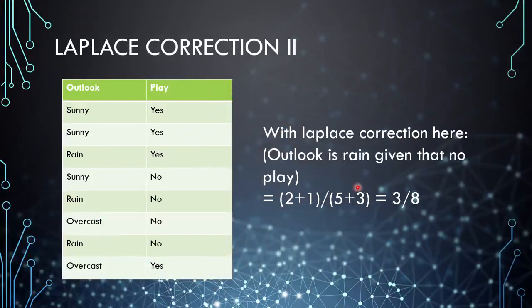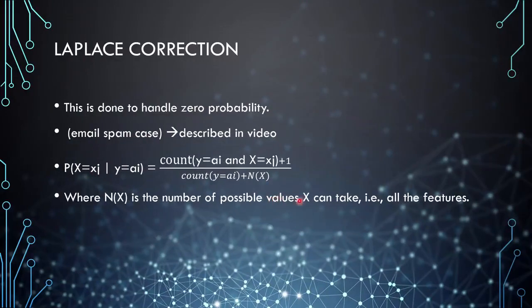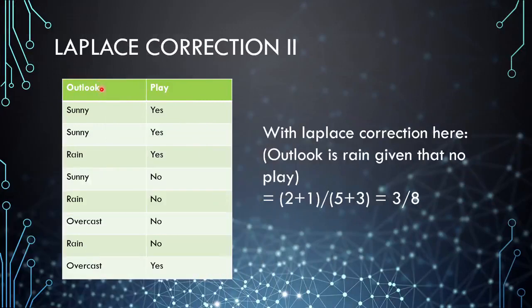If it is no play, the count of this given condition should be 4, right? 4, and this n is basically the possible values that x can take, that is, x is all the features. So what are the features that outlook can take? It can take sunny, rain or overcast. So there are 3 features, right? So it will be just 3 by 7 instead of 3 by 8. Just make a correction here. Instead of 5 plus 3, it will be 4 plus 3. So 3 by 7 would be the answer.